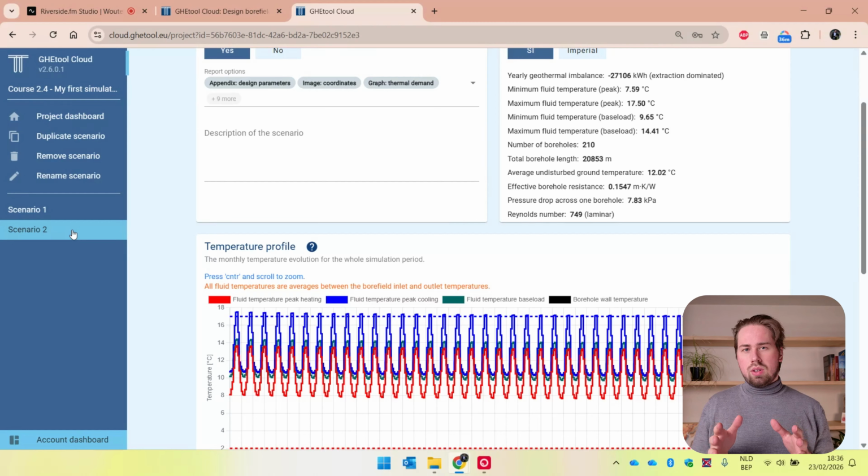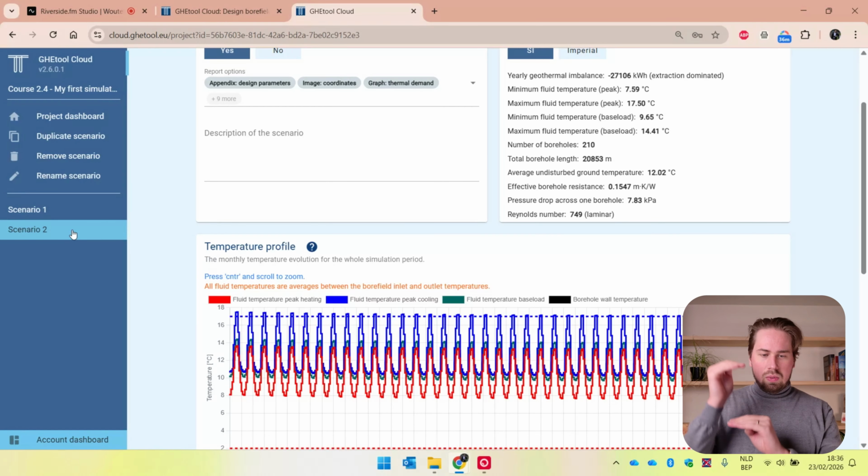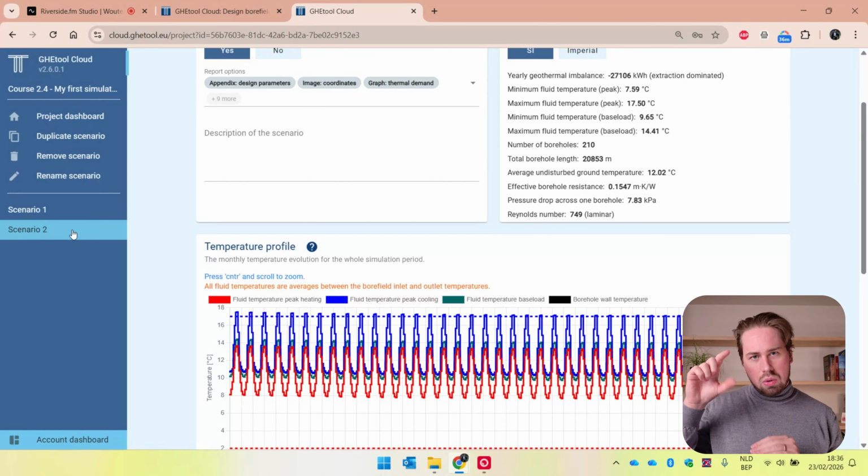That also means that our specific heat exchange per meter borehole increased significantly. And this is why the temperatures now show a bigger range between maximum and minimum fluid temperature. So the sinusoidal amplitude is bigger, if you want.